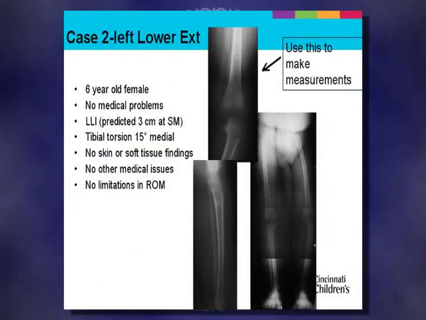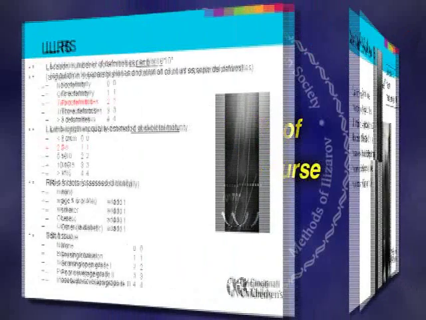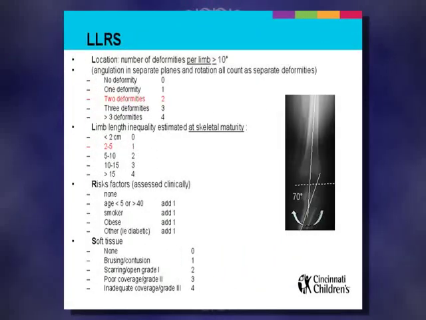So if we do that for this patient, a 6-year-old female, no medical problems, leg length inequality of 3 centimeters, tibial torsion of 15, no skin or soft tissue findings, no other medical issues, limited range of motion: none. You can go through this score and say, okay, there are 2 deformities, so that gives me a 2. Limb length inequality, estimated at skeletal maturity, is 3 centimeters, that gives you a 1.